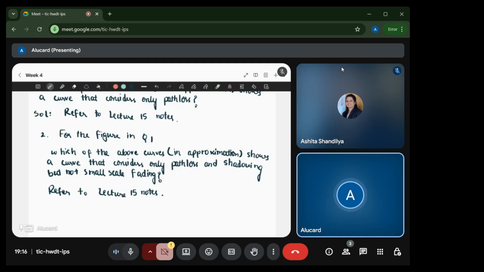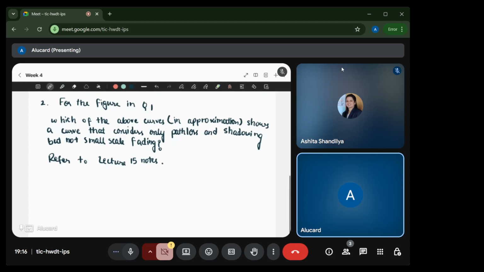Now we'll look at some numerical problems. So for Q3 and Q4, you have to find the Q value, which you can do using the calculator given in the assignment. The online calculator link should be given in your assignment itself.